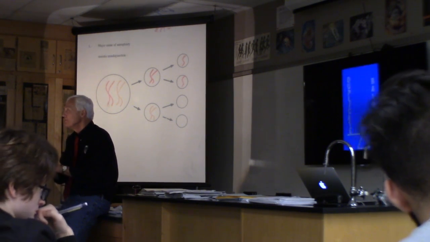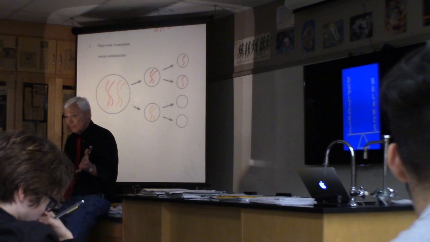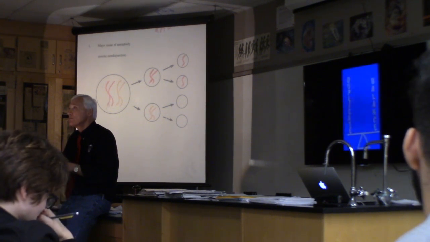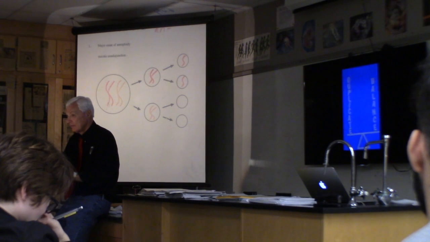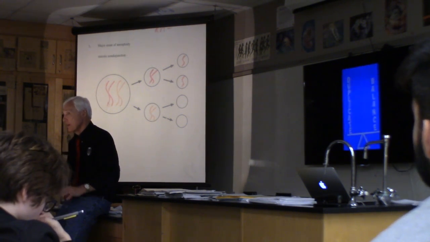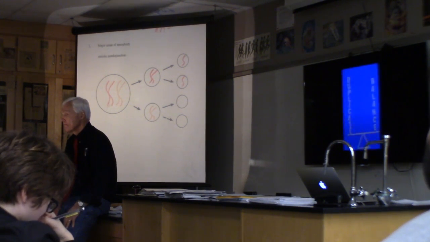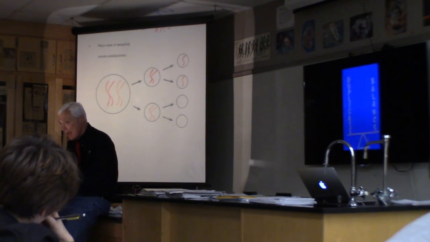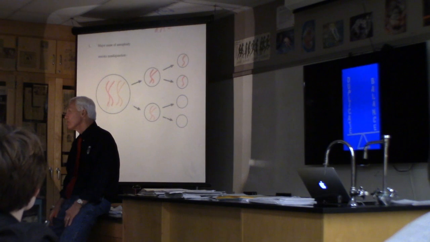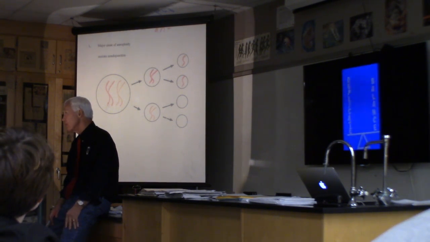But let's say, just an accident now, nature is good, but it's not perfect. Things go wrong sometimes. Hurricanes happen, tornadoes happen, earthquakes happen, and sometimes chromosomes forget to pull apart during meiosis.